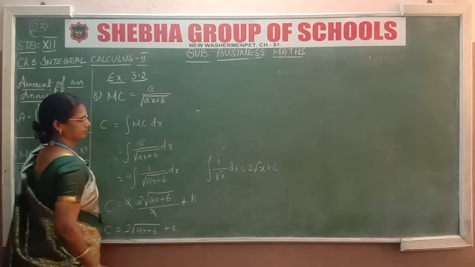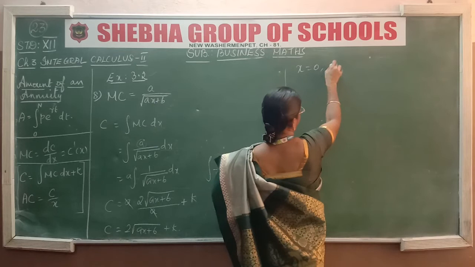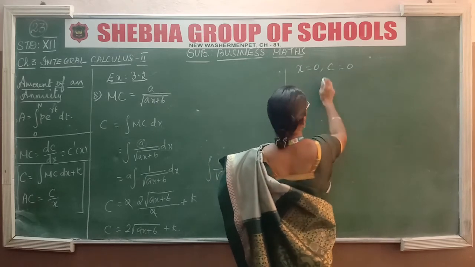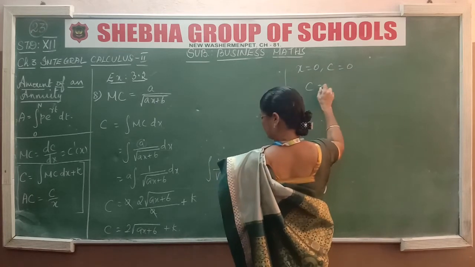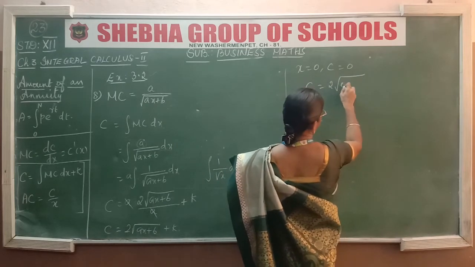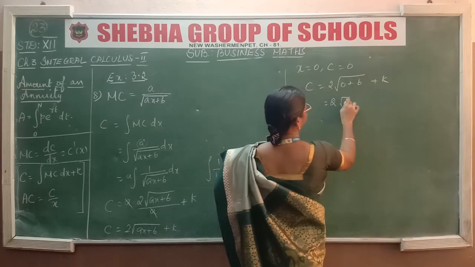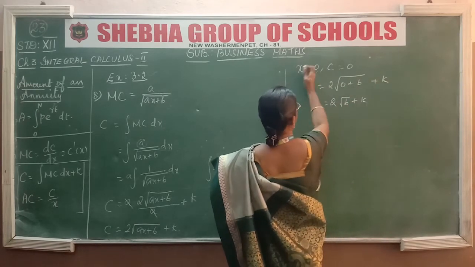plus k. Now it is given x is 0, and also fixed cost is 0. So using this, c is equal to 2 into square root of a into 0, that is 0, plus b, plus k, that's equal to 2 into root b plus k. This is our 0, c.